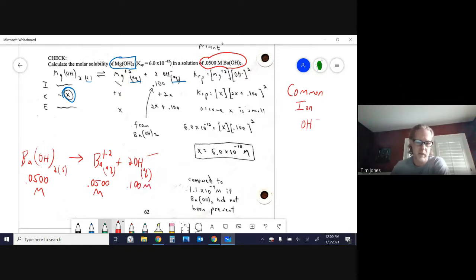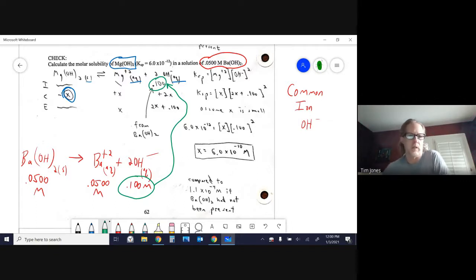And that right there from the already dissolved barium hydroxide is where that came from. That is the hydroxide already in solution before we attempt to dissolve magnesium hydroxide.